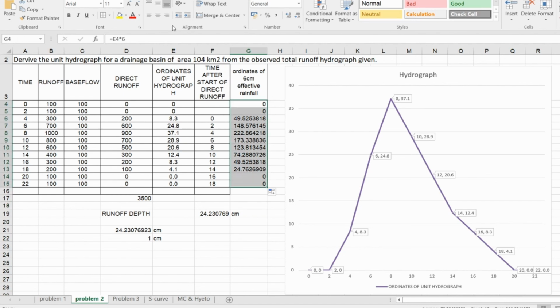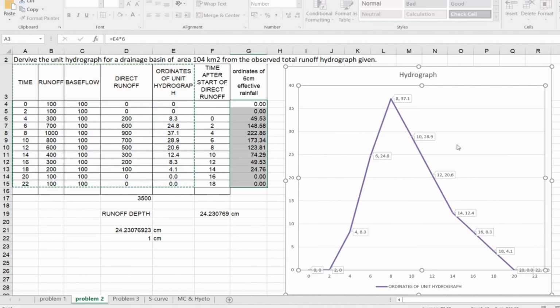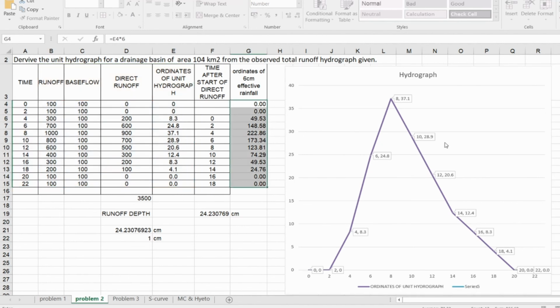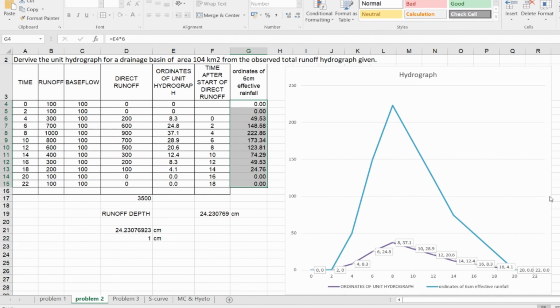These ordinates can be plotted in the graph like this. This is the curve which was representing the unit hydrograph.